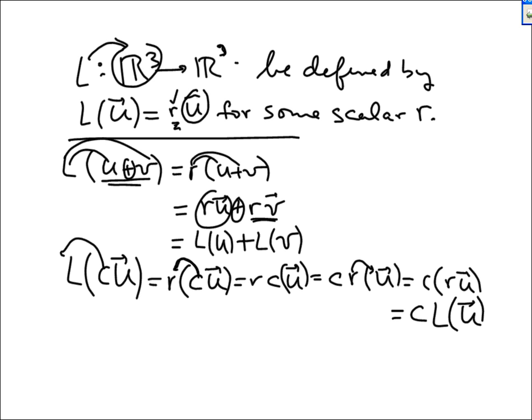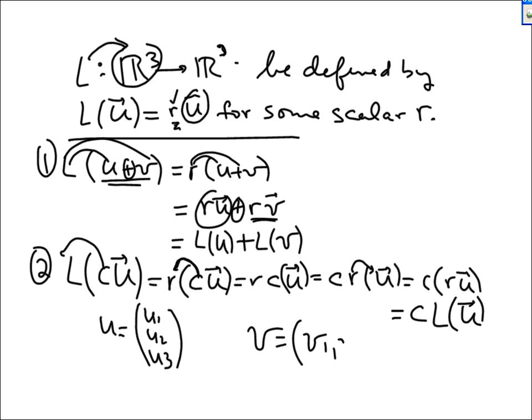And in this verification of properties 1 and 2 of the definition of linear transformation, I never even have to say that U is U1, U2, U3. And please remember, although I might be writing the vectors horizontally, V1, V2, V3, I can always choose to write them vertically. So this is a linear transformation.